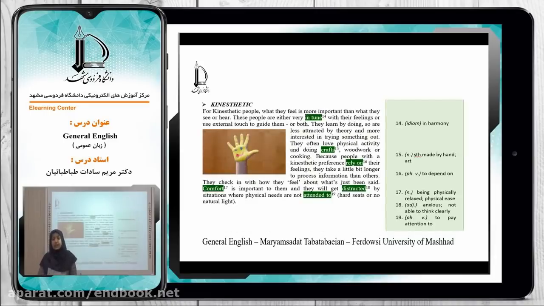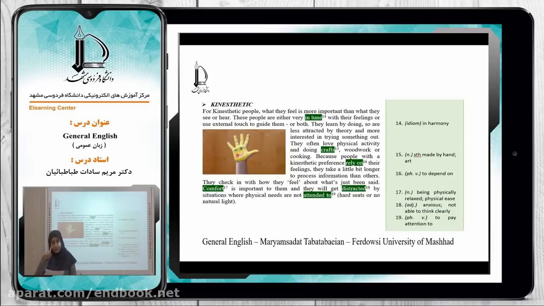Next, we've got kinesthetic people. For kinesthetic people, feeling is more important than seeing and hearing because they rely on the sense of touch and how they feel. Remember, it says they are in tune with their feelings or use external touch to guide them, or both.